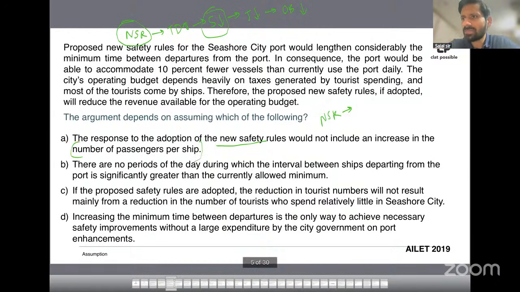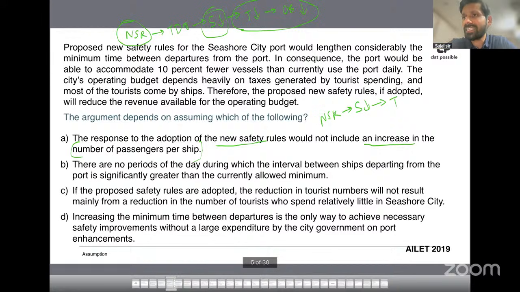So for example, with the introduction of new safety rules, the number of ships remains reduced, but what if the number of tourists remains the same or it increases? Can I then be able to conclude this, that the operating budget will come down? No. So what if with the introduction of new safety rules, there is actually an increase in the number of passengers per ship?